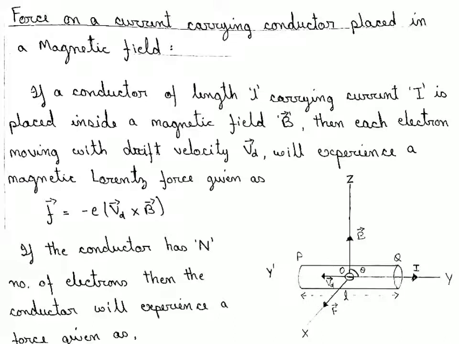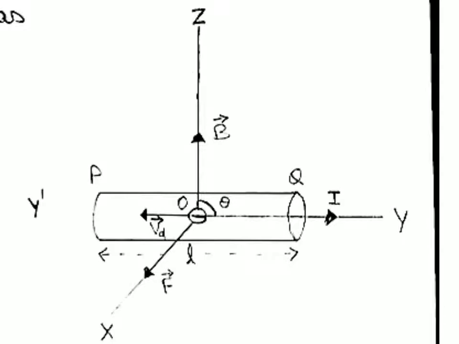field. So here in the diagram, we consider a conductor of length L carrying current I, and this I is in the direction OY, and this conductor is placed inside a magnetic field which is in the direction OZ, and the angle between the direction of the current and the magnetic field is given as theta.